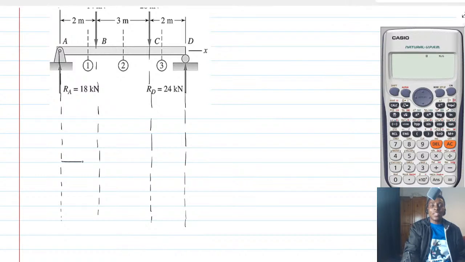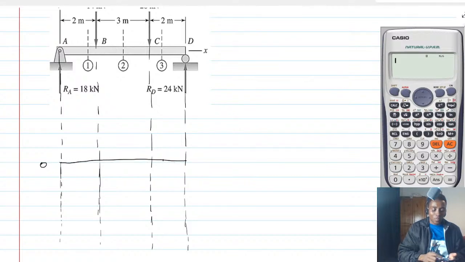Then I'll say that this is, let's say, my zero line for the shear force. So first of all, let's begin with the shear force. Let's go back.